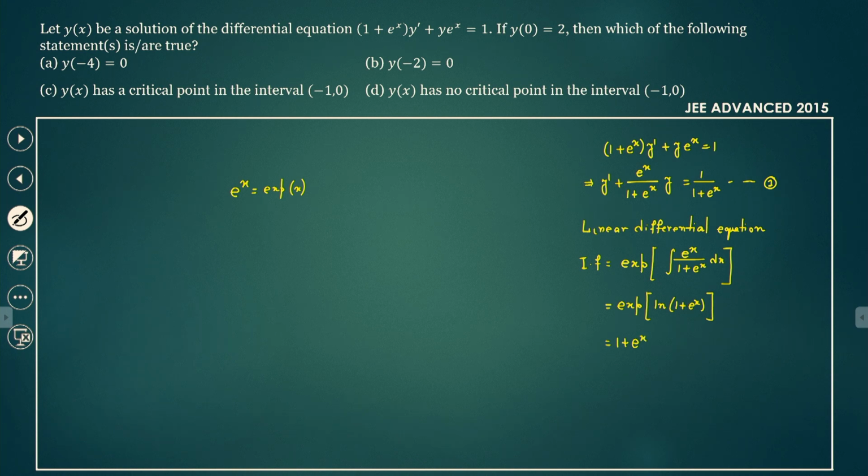Therefore, our step is to multiply both sides of equation 1 by 1 plus e to the power x, and then integrate both sides.